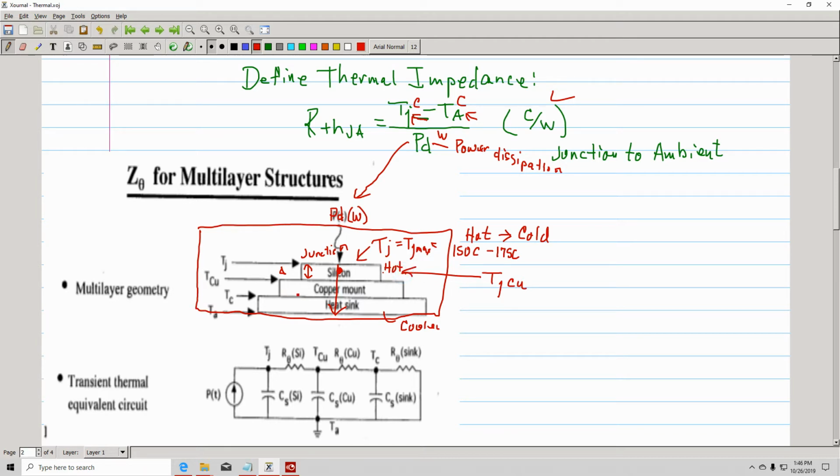And then it goes from the copper to the case or the heat sink, so you have another delta from copper to case.